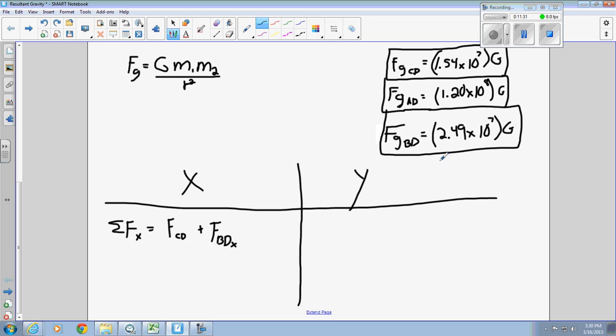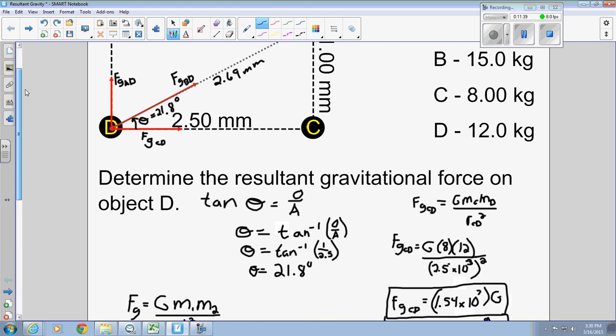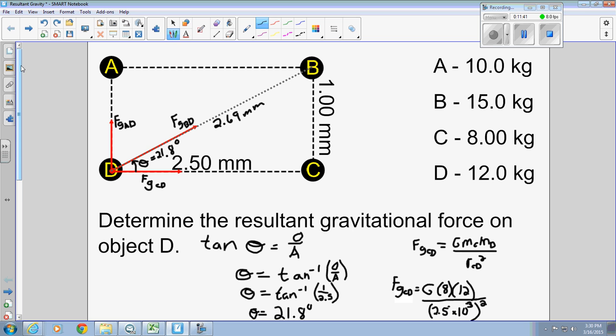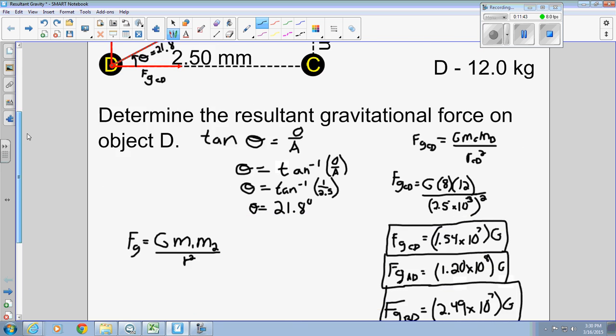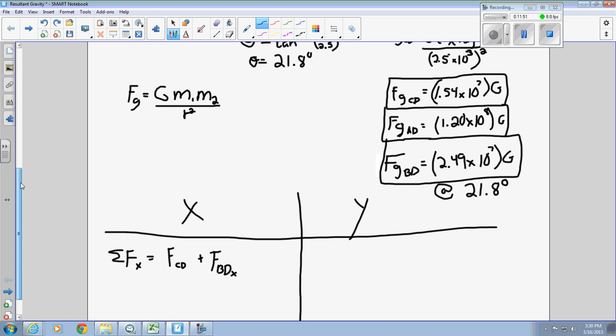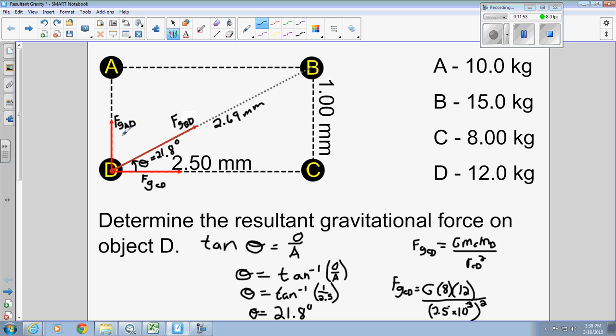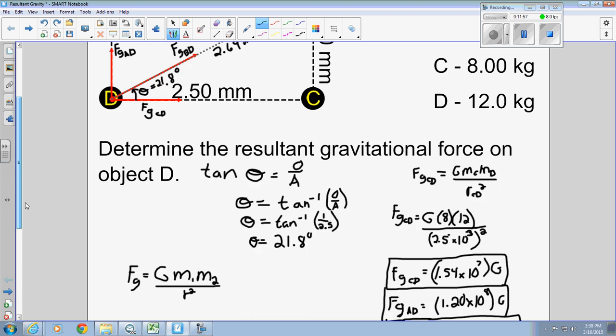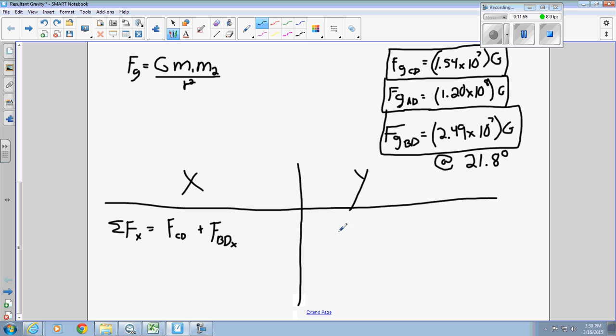And just to back up real quick, this force BD is acting at an angle, again, of 21.8 degrees. Okay? And we don't need to worry about negatives for these. These are both positive and positive directions, so we're good there.